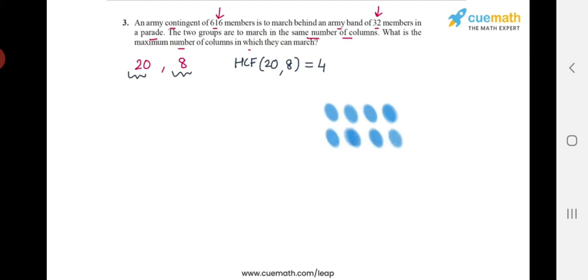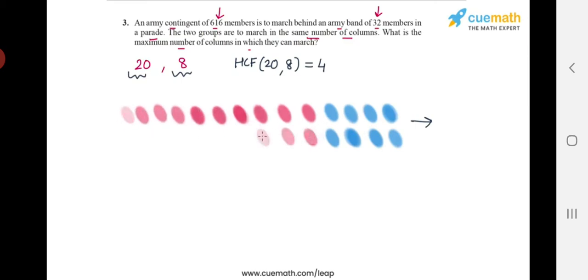Again, I'm assuming that the band is marching in this direction. And now we could organize the 20 army men into 2 columns with 10 army men per column, so like this. We have 10 in the first column and 10 in the second column.